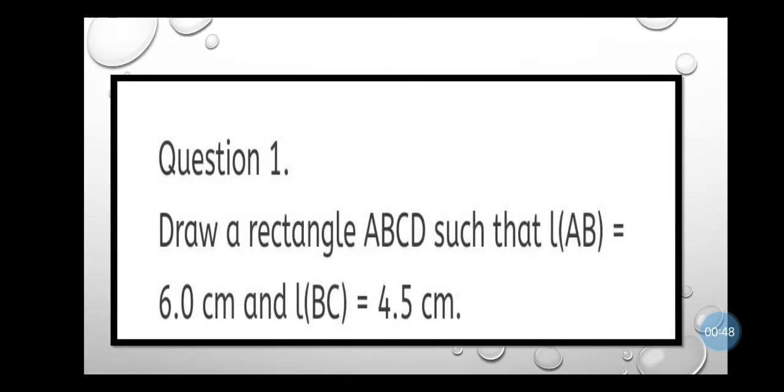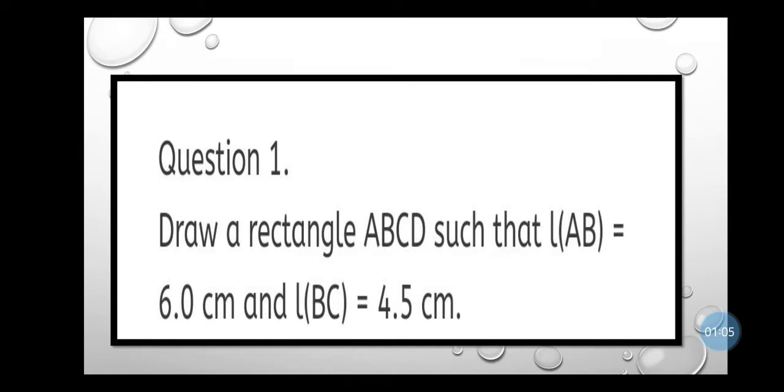Question 1. Draw a rectangle ABCD such that length AB is equal to 6 cm, length BC is equal to 4.5 cm. As we have already studied the property of rectangle, that opposite sides of rectangle are congruent.